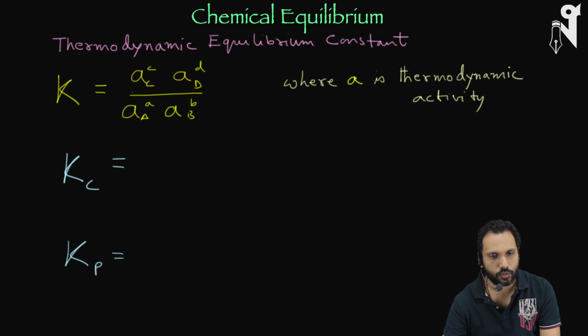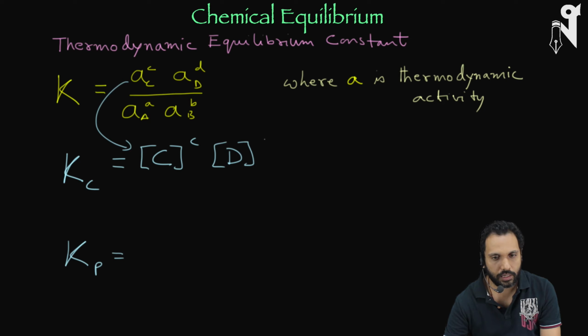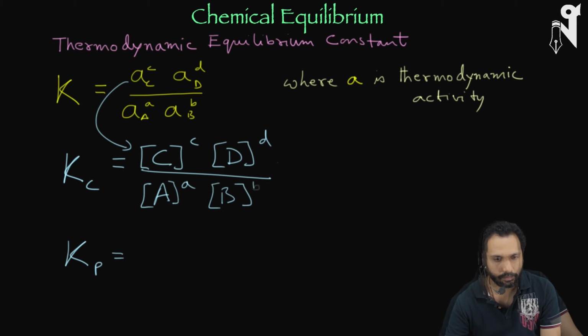So Kc is when you put the activity as concentration. So it is concentration of C power c, concentration of D power d, divided by concentration of A power a and concentration of B power b. That's your equilibrium constant in terms of concentration.